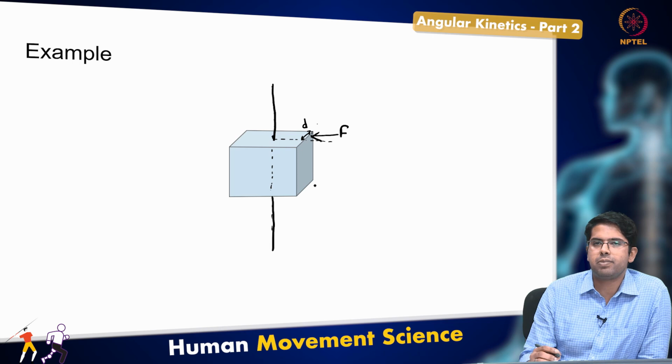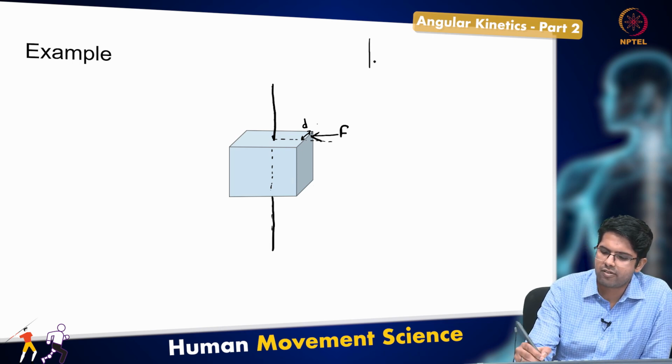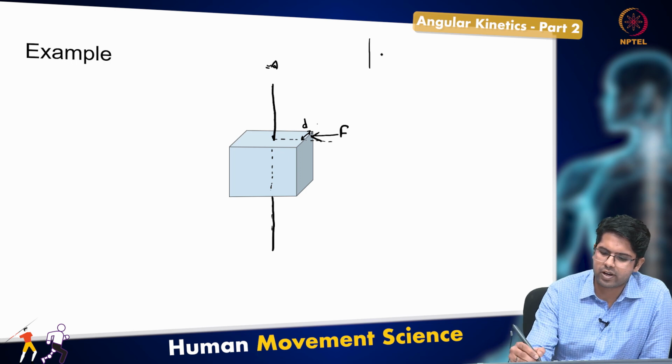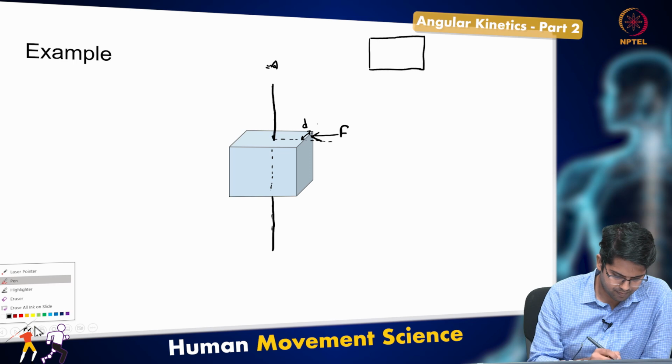So what is the simplest reduction of this system? If I look at it from the top, I will see this.